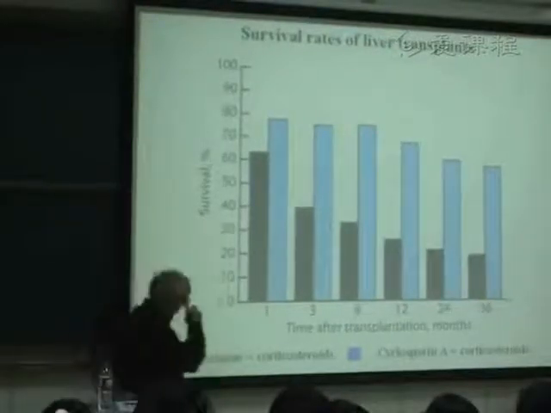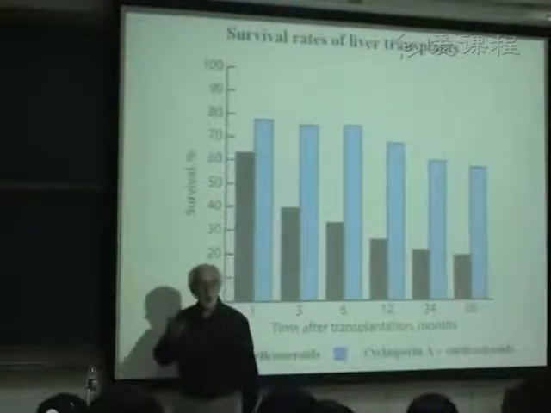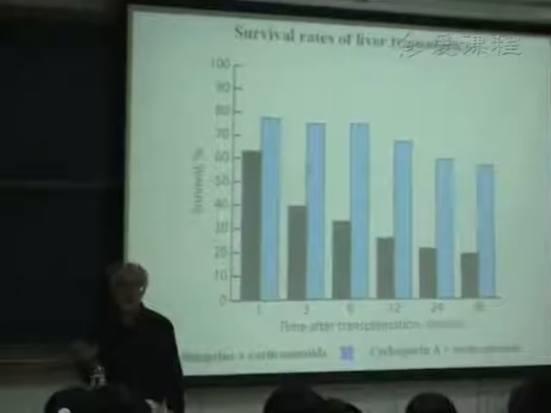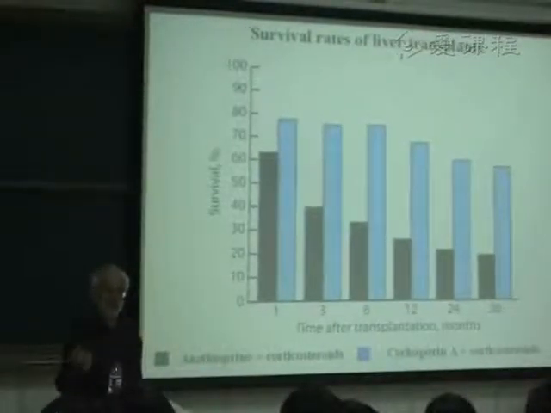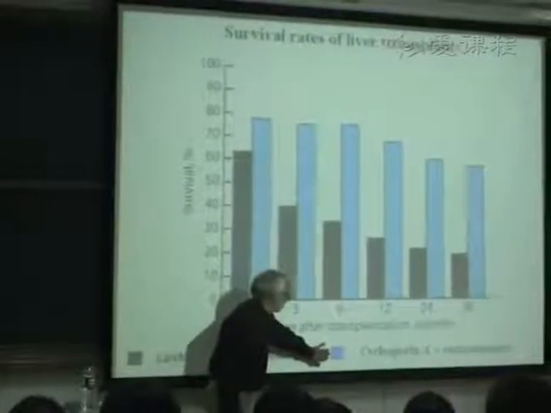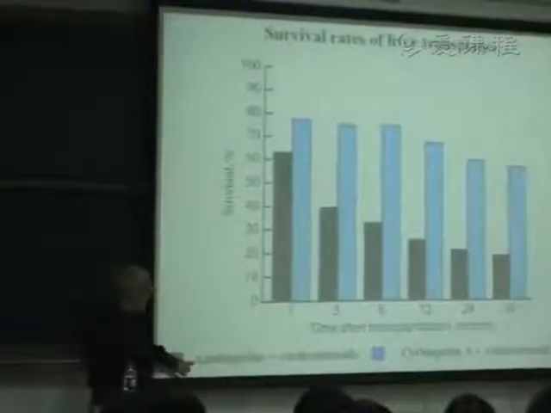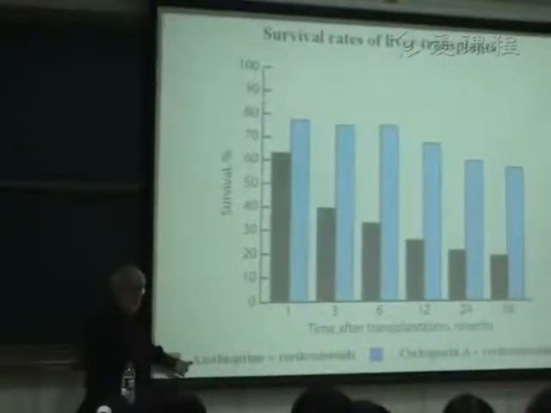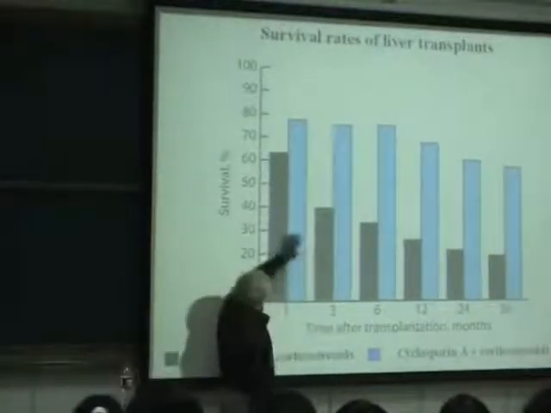And then a new drug was discovered about 20 years ago called cyclosporine. This has become one of the major drugs used to immunosuppress recipients receiving transplants. Used very, very widely. Once cyclosporine was introduced, it replaced azathioprine, so instead of azathioprine plus corticosteroids, you use cyclosporine plus corticosteroids, which is in the blue.